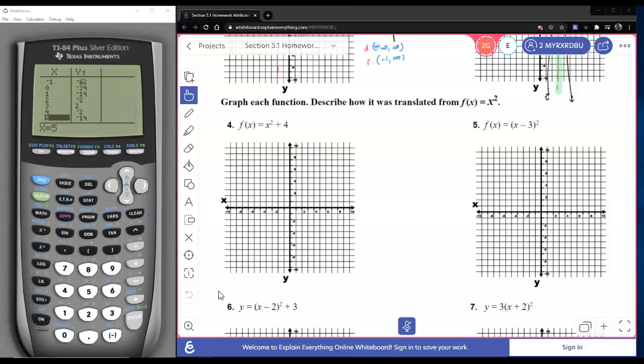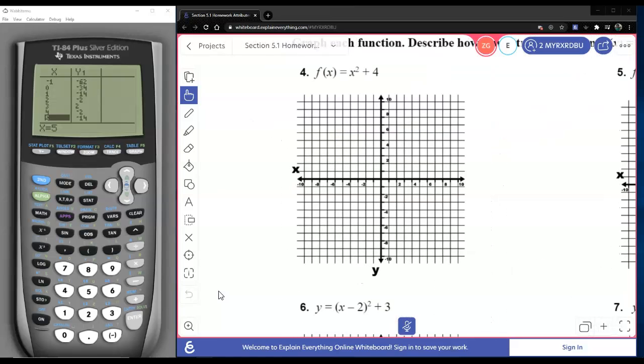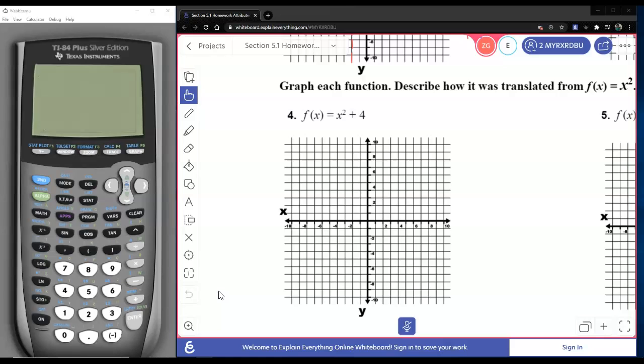So I'm going to go ahead and start with number 4, and illustrate the parent function here. The parent function is where all these functions are going to derive or come from. So you have y = x squared. I'm going to graph it. That is the parent function. We're going to look at the table, and we're going to start with negative 3.